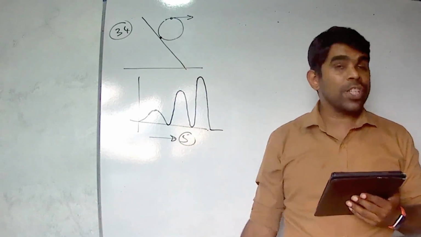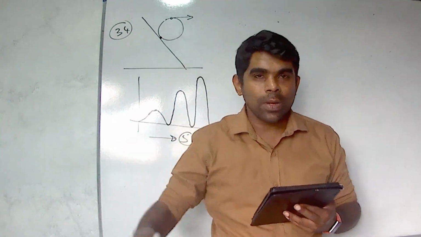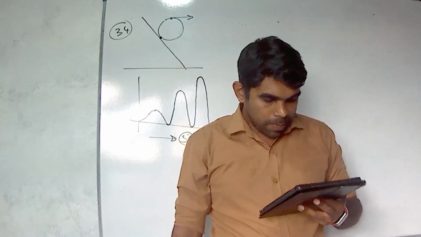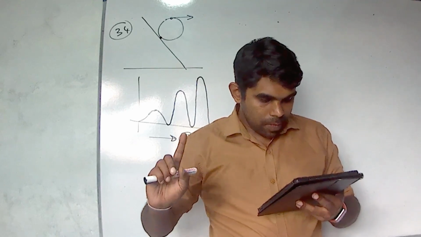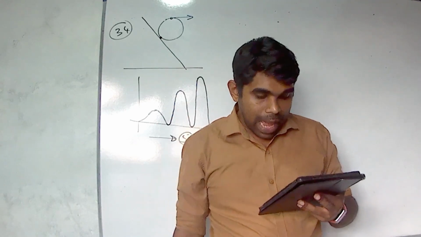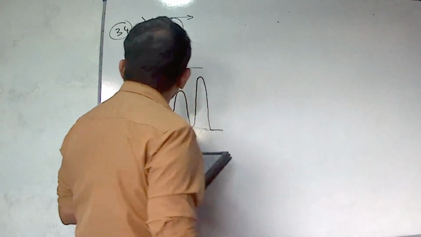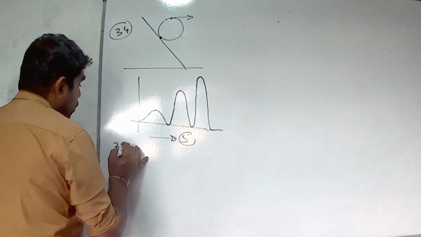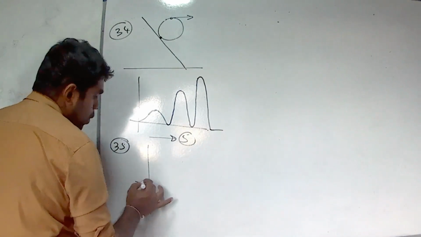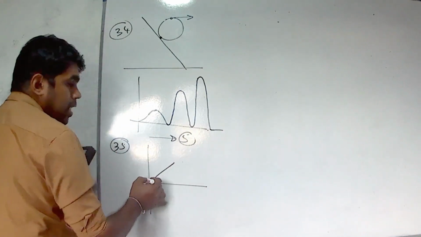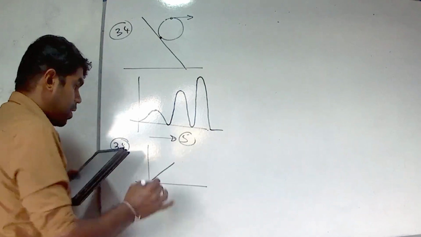We know that the gradient of the angular velocity graph represents angular acceleration. For the first situation, there is a constant angular acceleration. Therefore, the angular velocity time graph should be like this. It has a constant gradient.